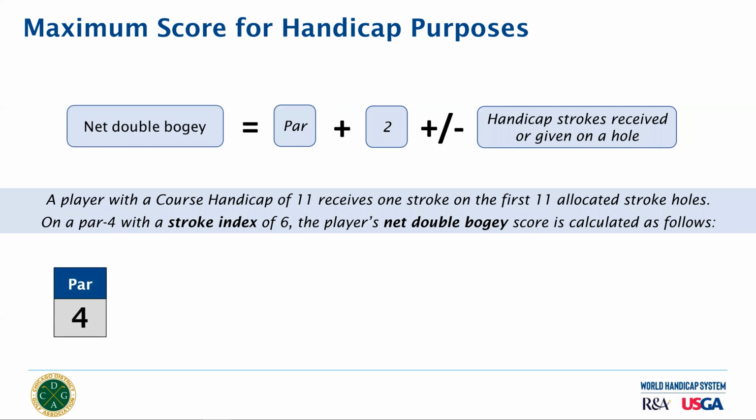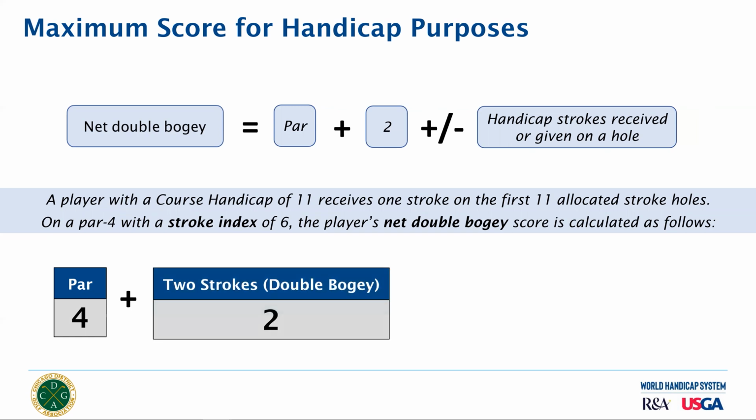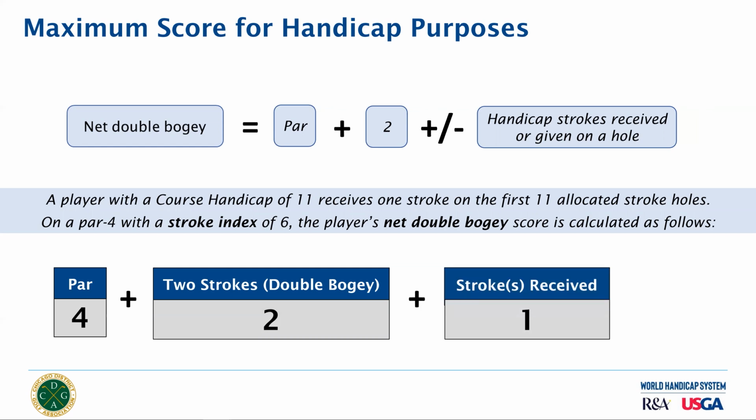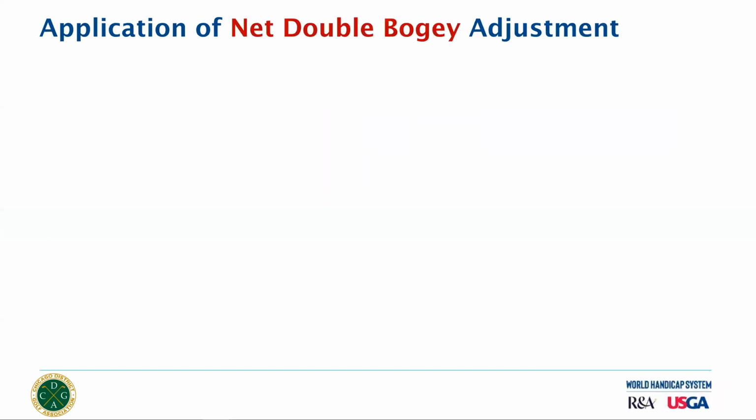We take par, which is 4, plus the 2 shots for a double bogey, plus the 1 stroke they receive for their allocation, gives them a max score of 7. The important part of this to remember is always par plus 2 to start with, and then any strokes they would receive, or if they are a plus player, give back to the golf course, will calculate the max score for the individual on that given hole.